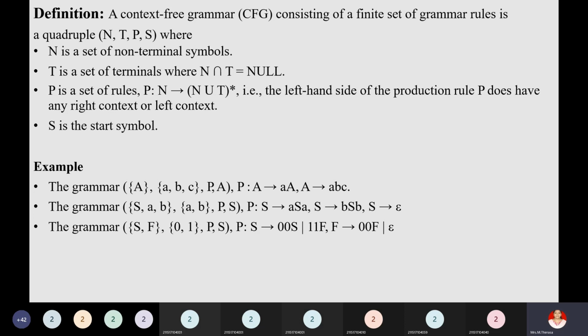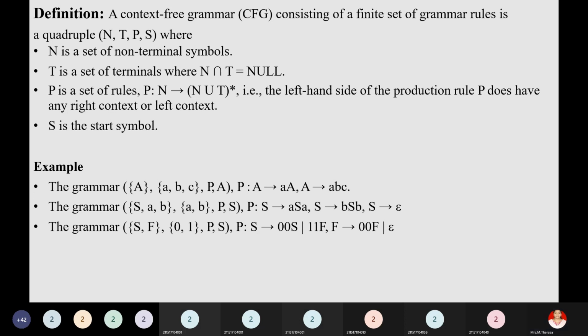Each production is of the form A tends to alpha, where A is a variable or the non-terminal, and alpha is a string of symbols from (N union T) whole star. Finally, S is a special variable called the start symbol.